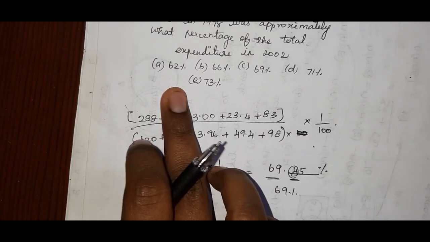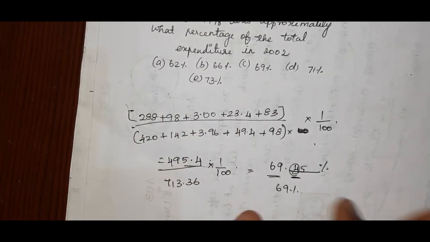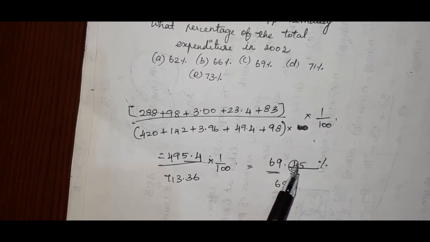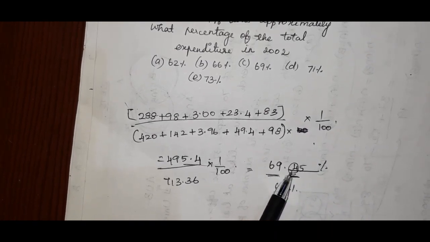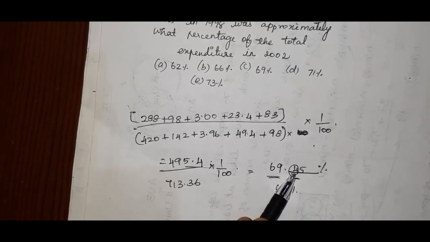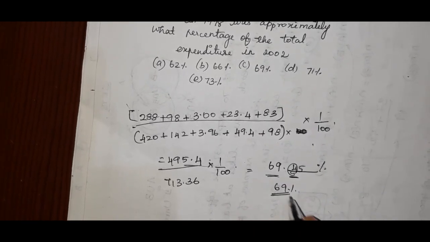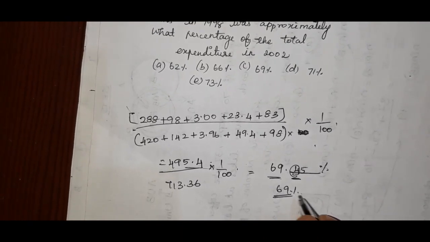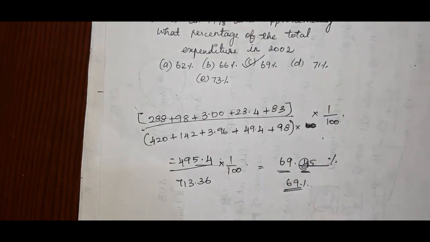If the option has 70 percentage, we should not tick 70 percentage as this is coming with the decimal. Since the value after the decimal is less than 5, we should consider it as 69, okay? So the option C is the answer.